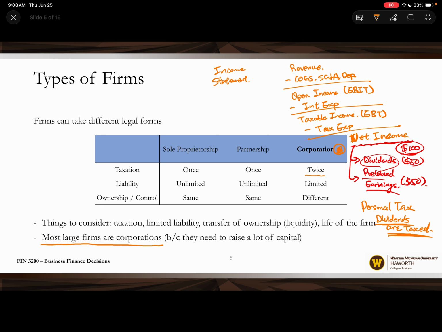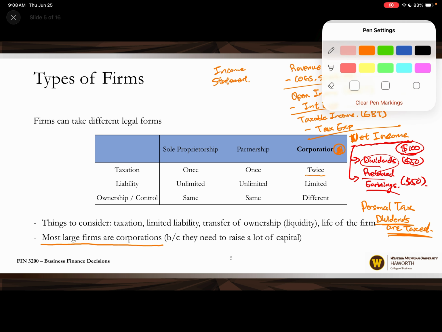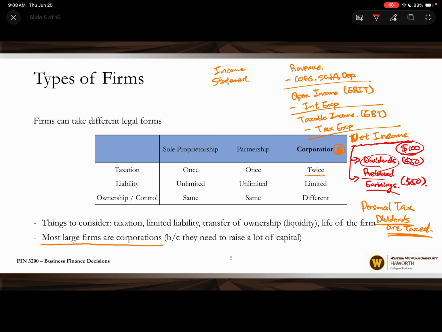The thing I'm trying to show you here is this. Notice that at the firm level, in the corporate income statement, you already incurred the tax expense, the corporate tax. But then from that, you got your net income, and then you had your dividends. At the personal level, you have to pay taxes on your dividends again.